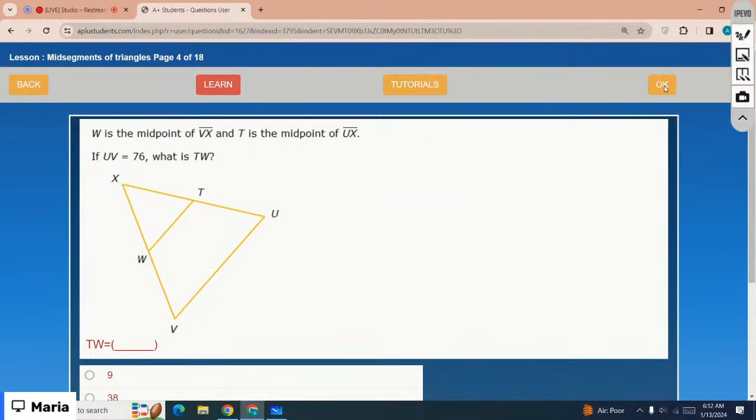Which is the correct option? Basically, TW is the mid segment of triangle UVX.